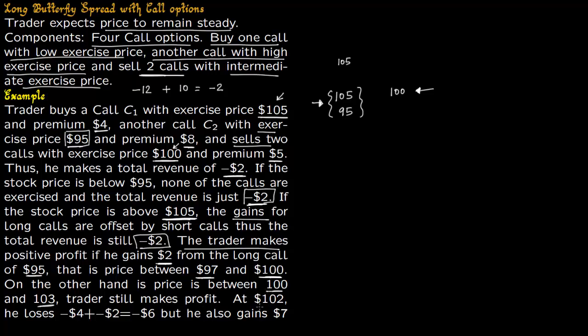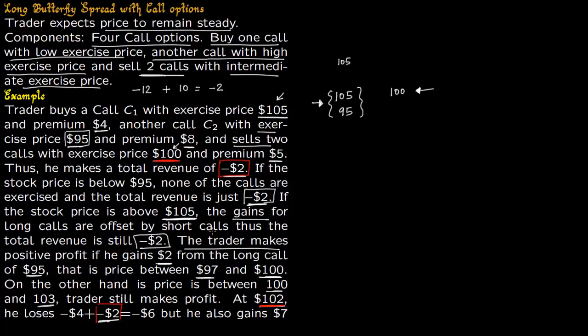Say at 102, the revenue he had initially was minus $2. At 102, he has sold two calls with exercise price of 100, so both these calls are going to get exercised.